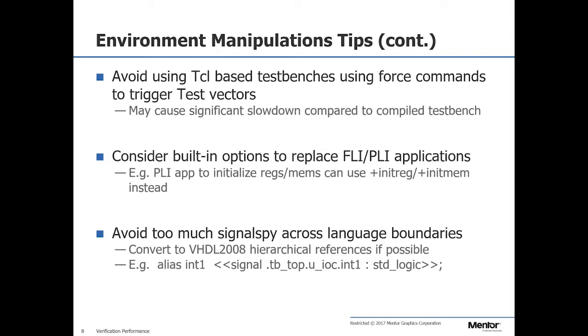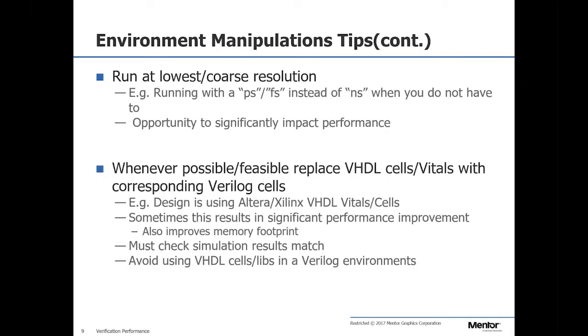And in VHDL, there was never the concept of hierarchical references until VHDL 2008. We used to have this thing called Signal Spy, which allowed you to peer down the hierarchy and manipulate internal signals. Use the built-in hierarchical references rather than Signal Spy, because they'll be faster.